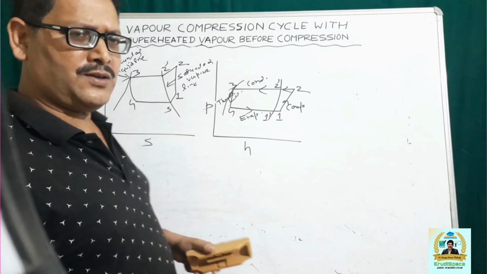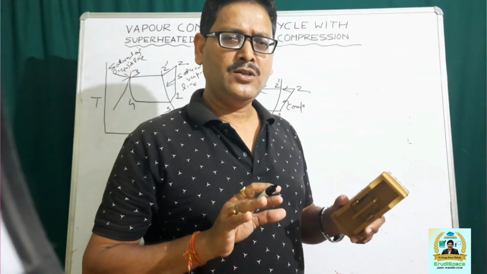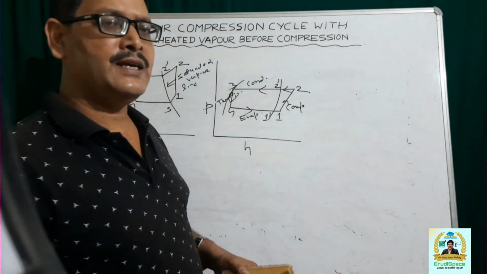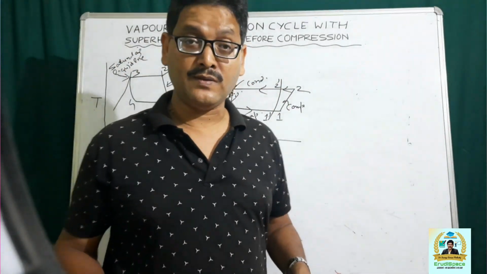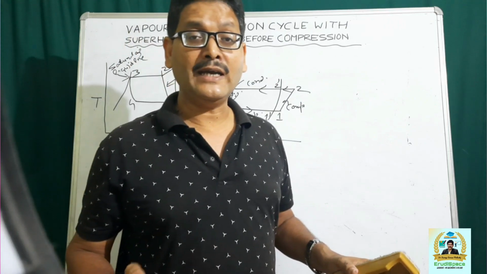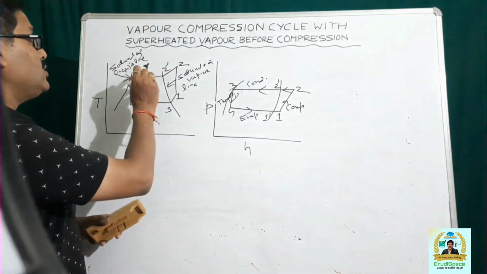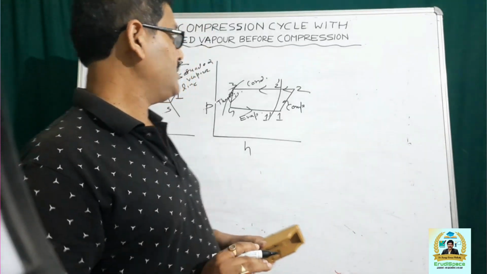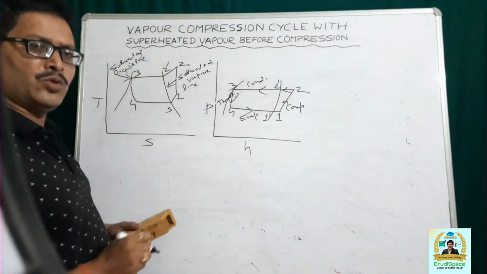So if you consider the total condensation process 2-3, it is an isobaric process, but it is not an isothermal process. 2 dash-3 is an isothermal process, but not 2-2 dash.